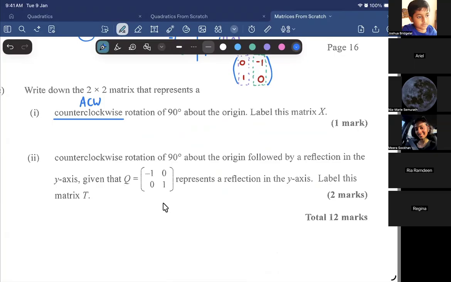Right. So Ria, how many transformations are you seeing in part 2? And the rest of you in class could also answer. Two, sir. Ria, could you tell me the 2 transformations you're seeing? Tell me the matrix associated with the transformation.